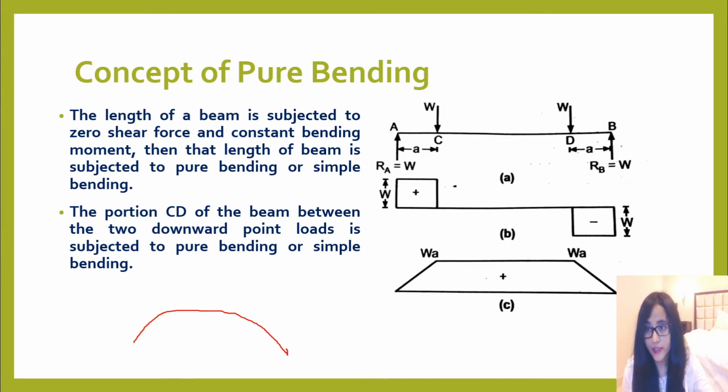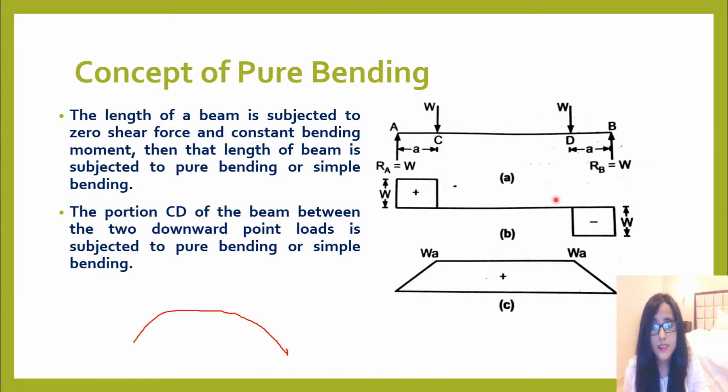Now let me read here. The length of a beam subjected to zero shear force and constant bending moment is subjected to pure or simple bending. What does this say? Whenever a beam is subjected to zero shear force, as you can see between C and D, no shear force is acting, and this CD portion is a portion of a beam subjected to pure bending.